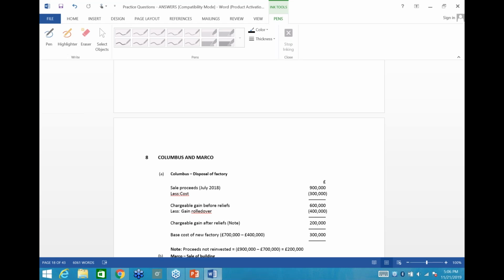But for a company, we don't have two separate computations. Both are included in one common computation. We call it the TTP computation, taxable total profit computation. Therefore, when calculating taxable total profit, we include income and capital gains both.